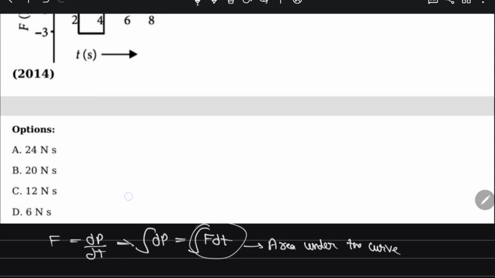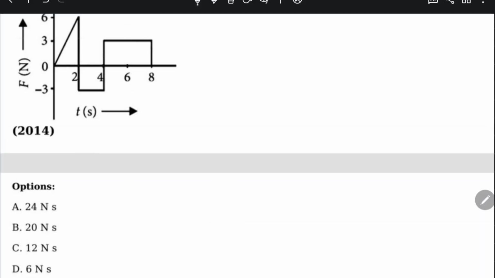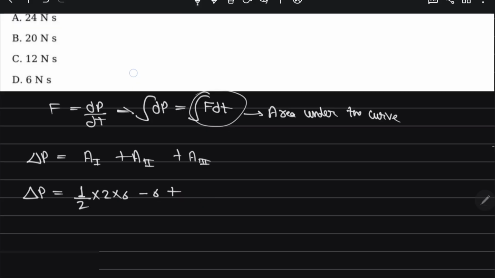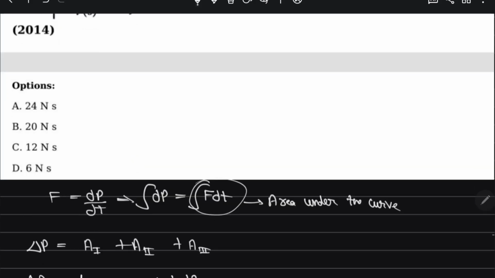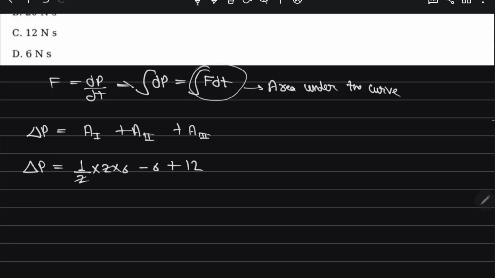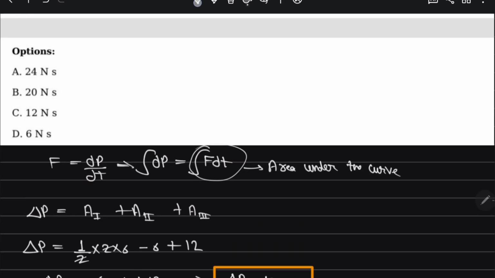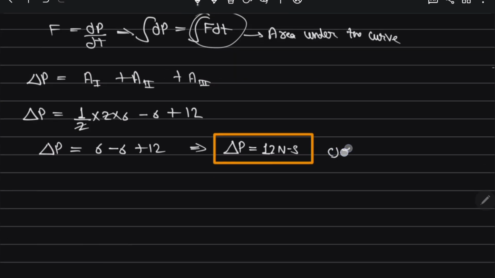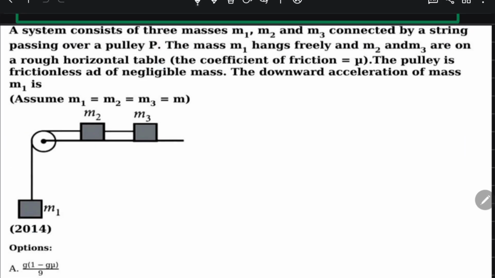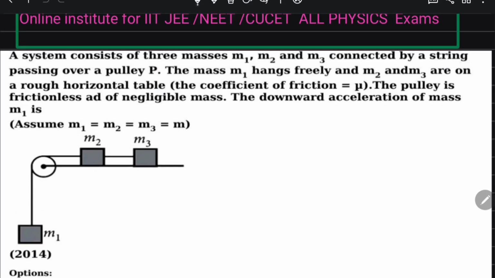Plus 4 into 3, 12. So the 2 is going to be cancelled. So the change in momentum is 6 minus 6 plus 12, that is 12 Newton second. So option C is correct. I proceed to the next question.